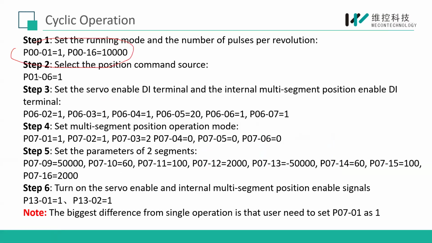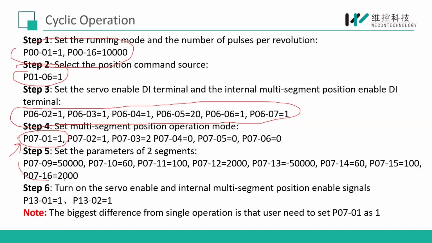This part is the same, and here is the same. Here is used for enabling our servo. This part is also the same. The only difference is this one, here we set it to 1. 1 means cycling, 0 means single, and 2 means DI switching.